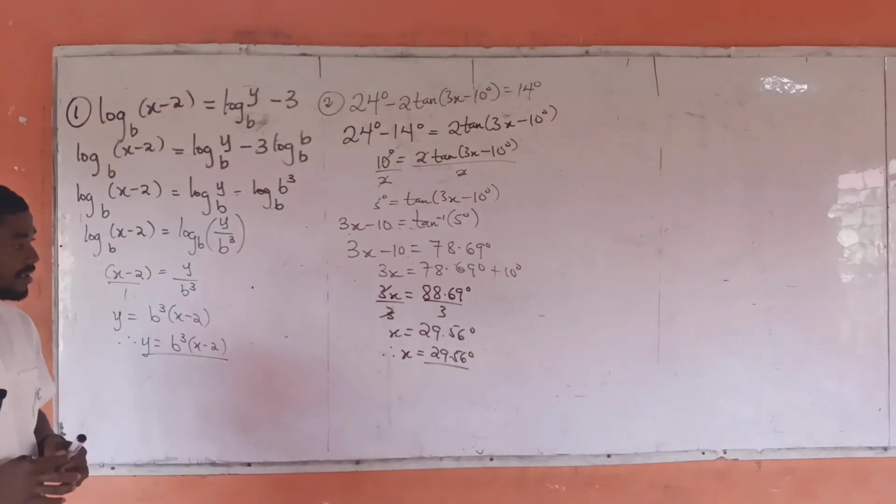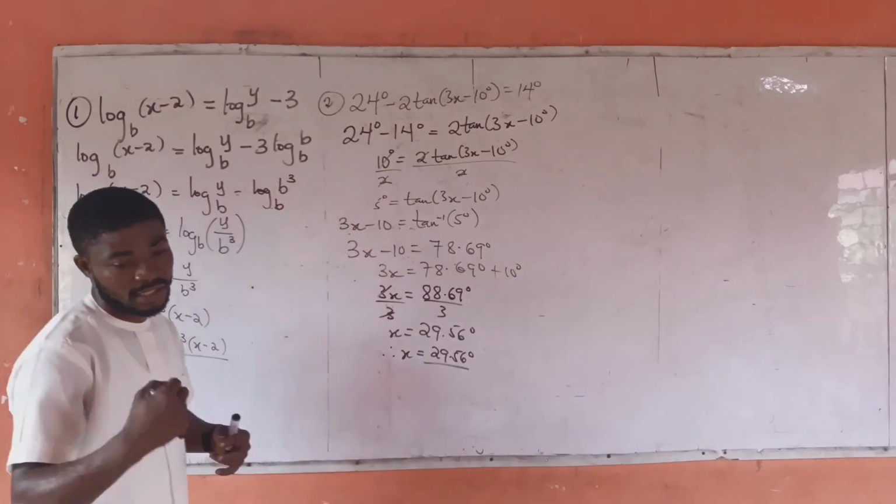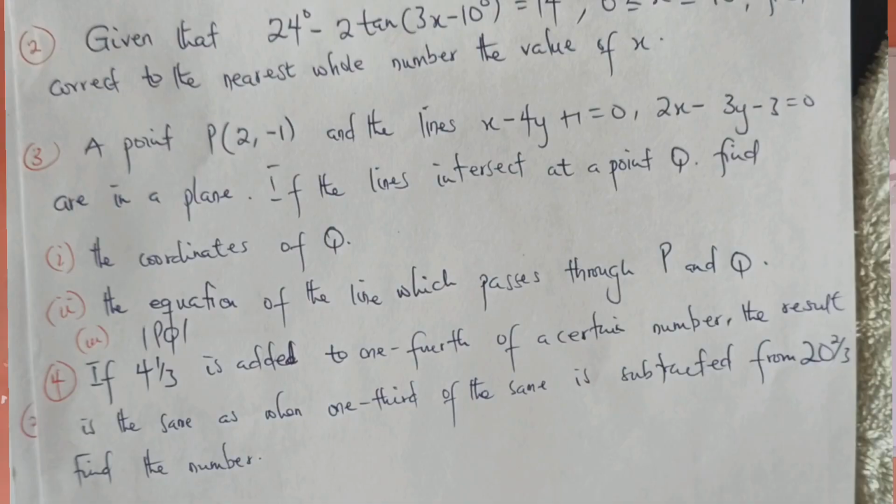So question 1, question 2, then let's go back to the screen and look at question 3 as well. Question 3 reads that a point P, that is (2, -1), and the lines x minus 4y plus 1 is equal to 0, and 2x minus 3y minus 3 is equal to 0 are in a plane.